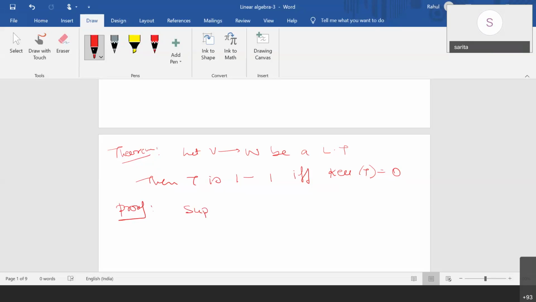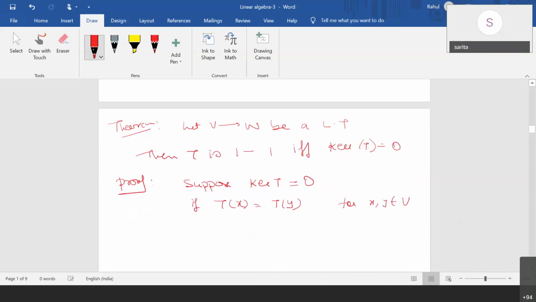Suppose kernel T is 0. Right, so we are proving, suppose kernel T is 0, we are proving it is 1 to 1. Now, for 1 to 1, if Tx is equal to Ty, that's what I was saying. Generally, people do this. Like if you have to prove 1 to 1, then you say Tx equal to Ty implies x is equal to y.